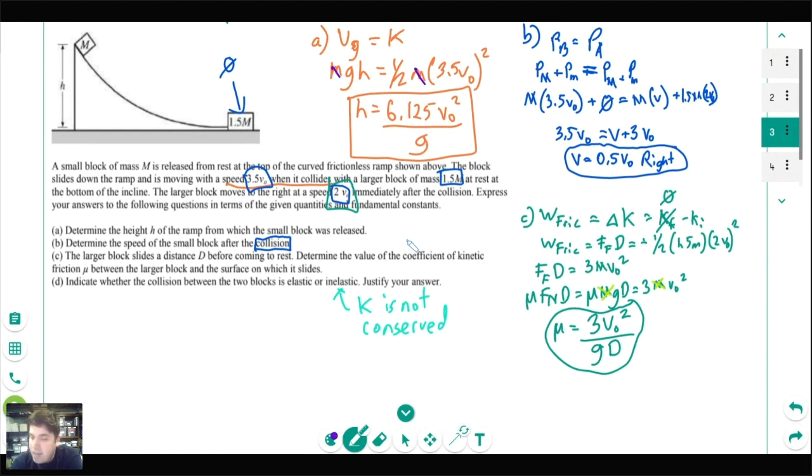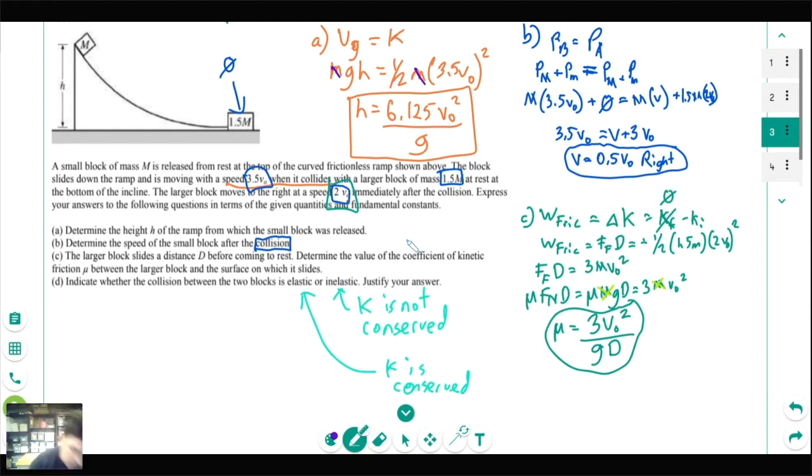Inelastic means we are not conserving kinetic energy, whereas elastic means we are. So really what we need to do is figure out, is the kinetic energy before this collision and after the collision, is the total going to be the same or different? If it's the same, it's elastic. If it's not the same, it's inelastic, and our justification is basically given by the math in there.